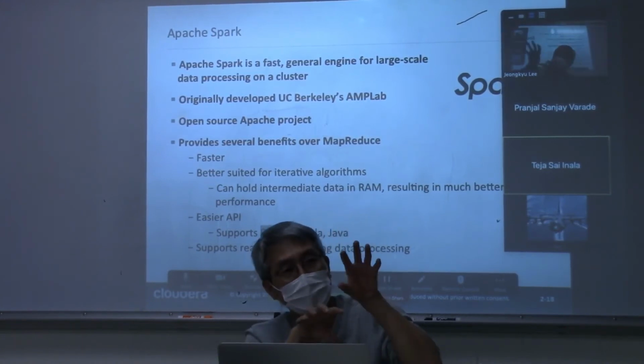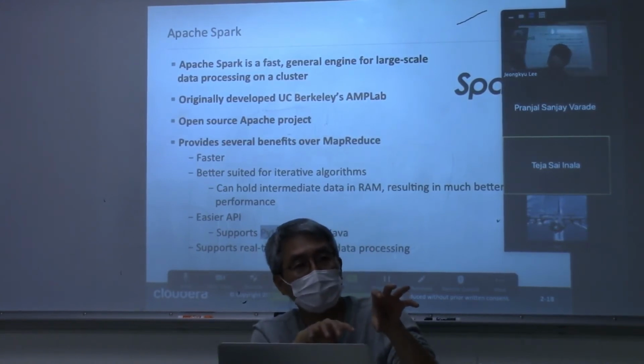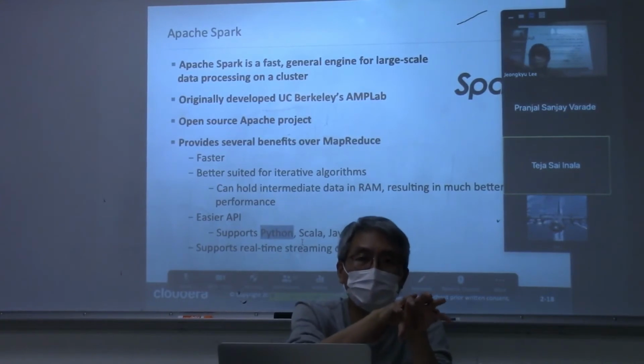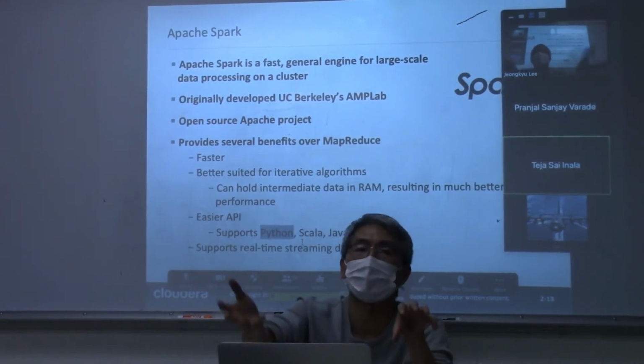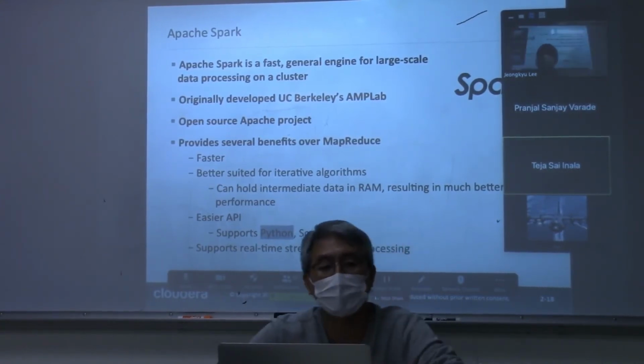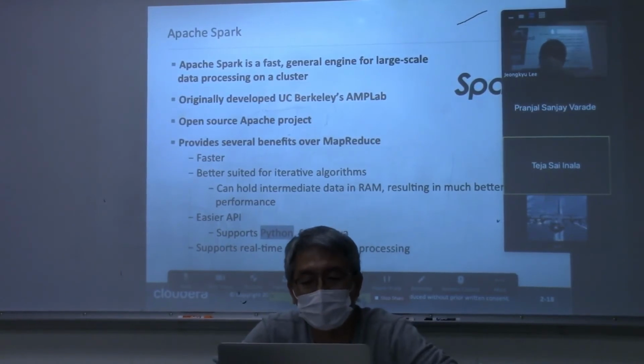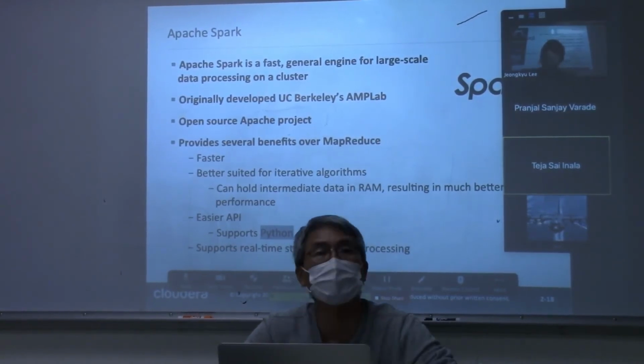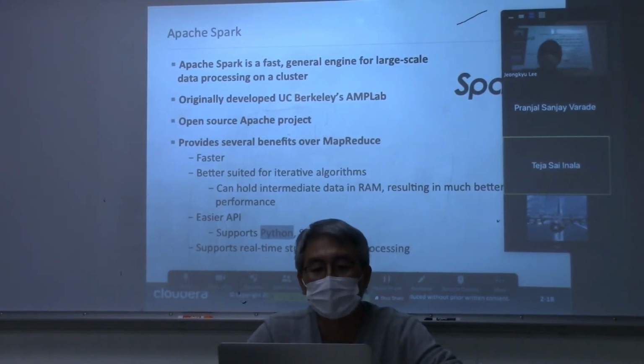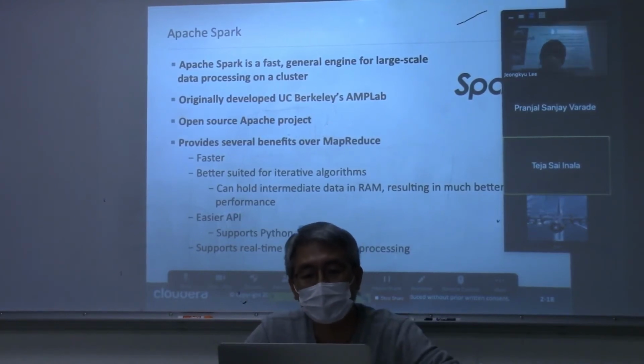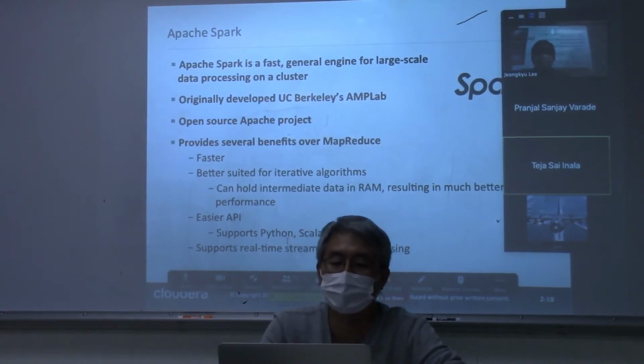Which means, if you want to use Spark based on Python, Python is the host programming language. Then import the Spark library, and you are able to get the benefit of distributed processing. You can also use Scala or Java, but Python is the most popular one.